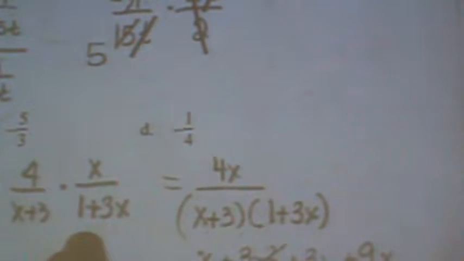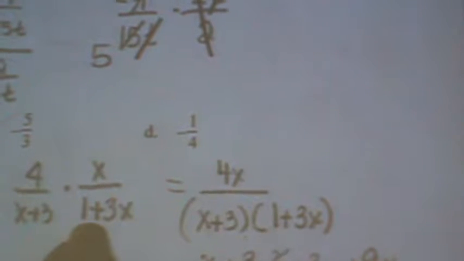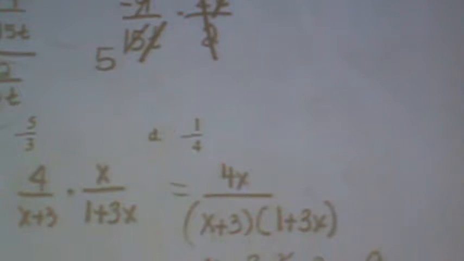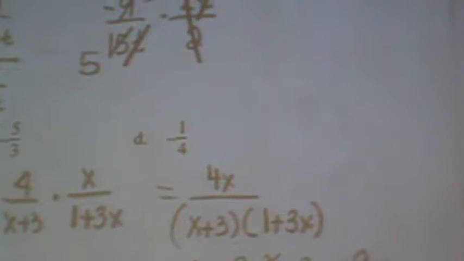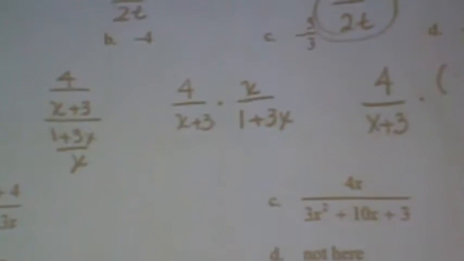So x times 1 is x. x times 3x is 3x squared. And then 3 times 1 is 3. And then 3 times 3x is 9x. And then if you simplify this bottom, you end up with 3x squared plus 10x plus 3, which is C. Okay?